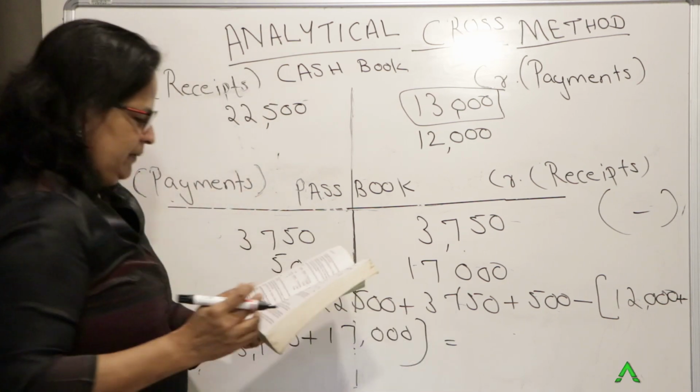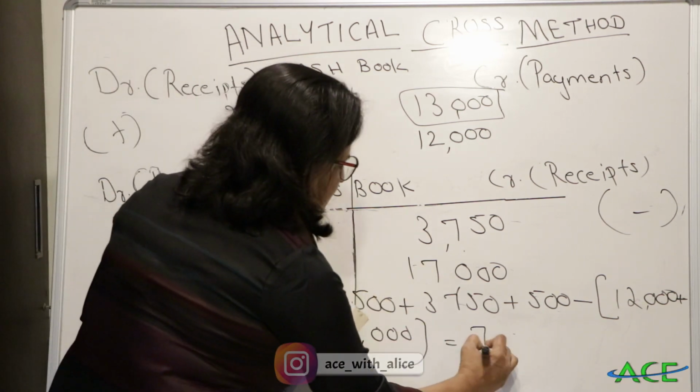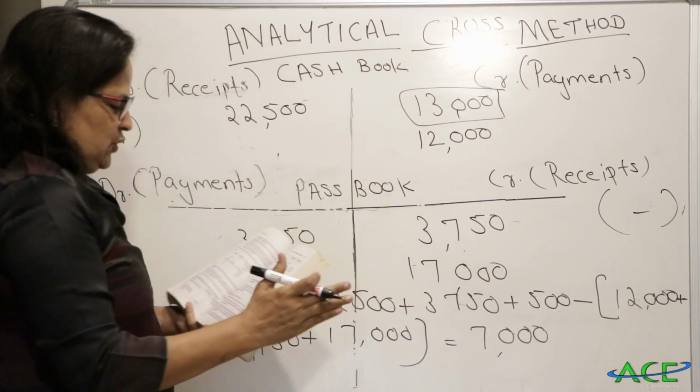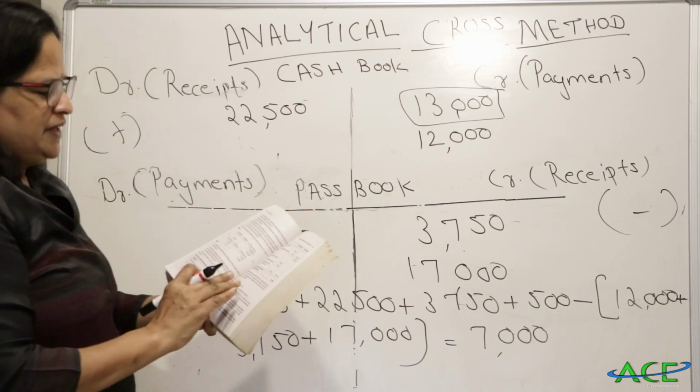So the value will be 7,000. So the passbook value as per the cash book will be 7,000.